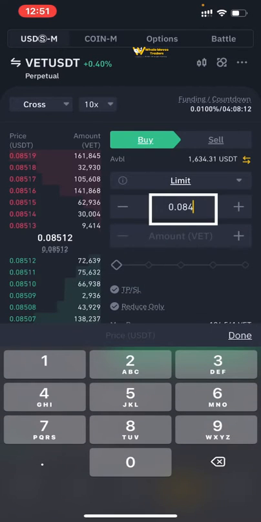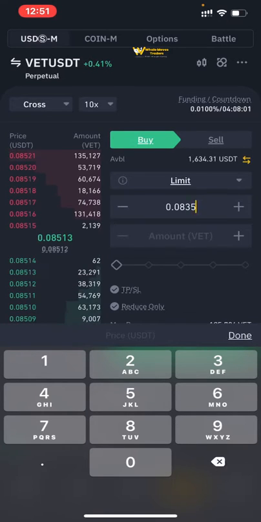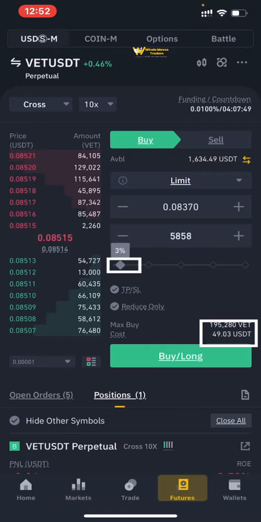And we're going to create another one again at 0.0837. Let me say 7. Because like I said, the market is very crazy, but you can put 5, you can put any number. It just depends on how you understand the market and where your instinct is telling you the market is going to go. So for me, I think 37 is quite okay. So I'll just put another 32 bucks.